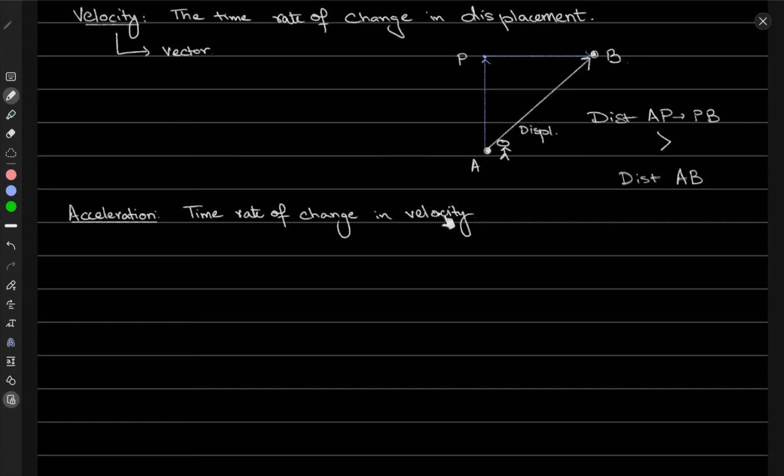So how fast the velocity of an object changes is known as acceleration. Acceleration is also a vector quantity.